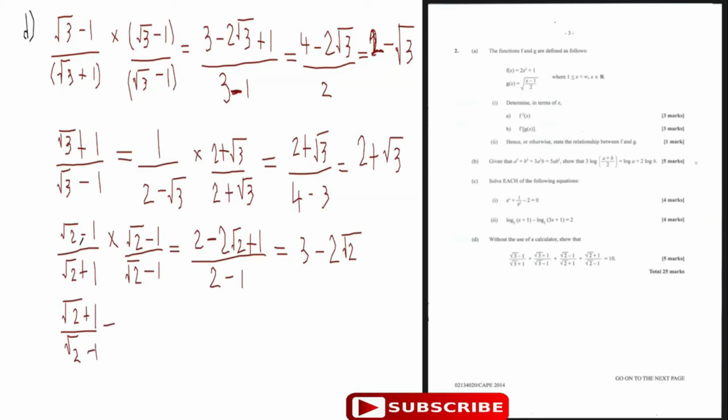We know that this is just the reciprocal of the previous one, and so this is just 1 over 3 minus 2 root 2. So all I need to do is multiply by the conjugate of 3 minus 2 root 2, which is 3 plus 2 root 2 over 3 plus 2 root 2.